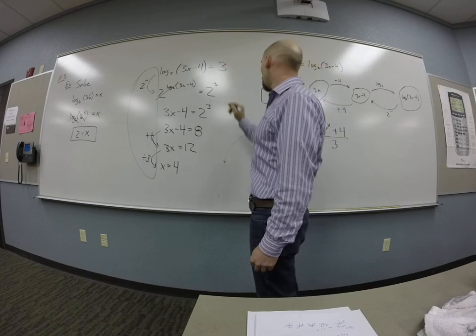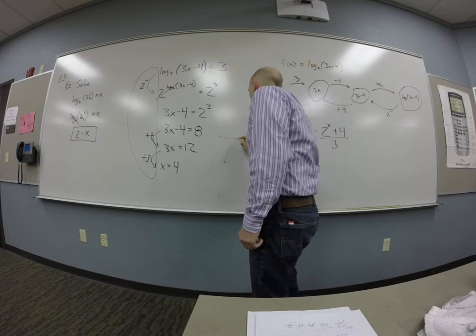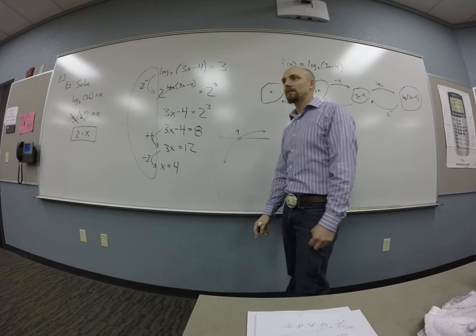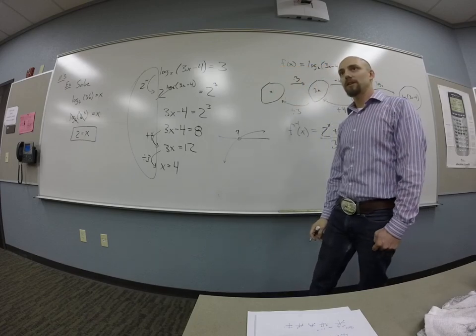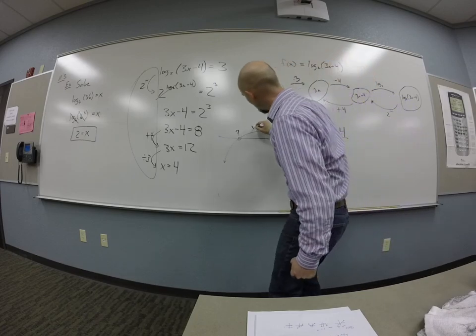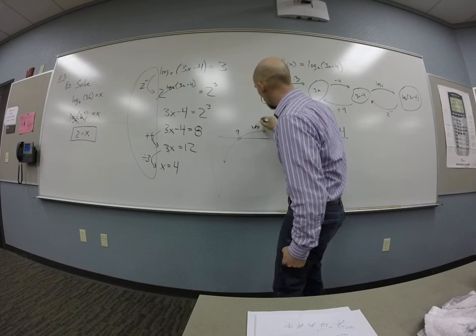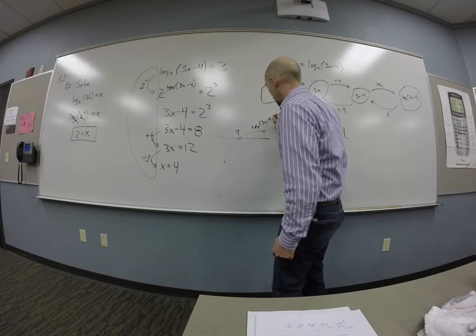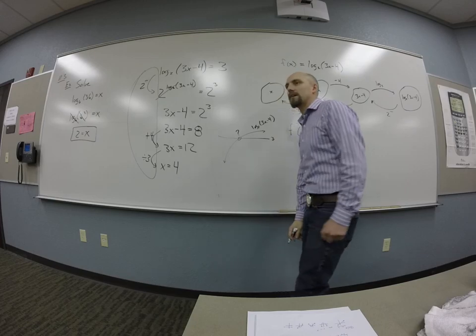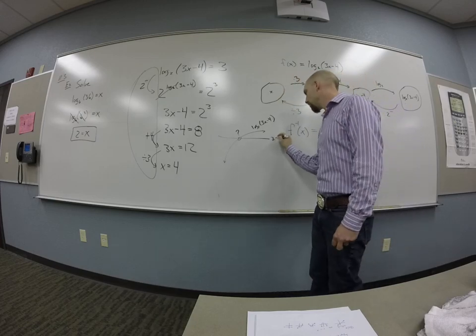And then here's a level, and I'm looking for this intersection. This is a picture, roughly, of log base 2 of 3x minus 4. And this is y equals 3.